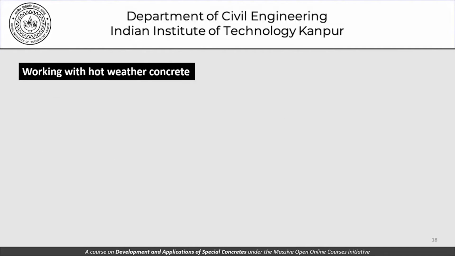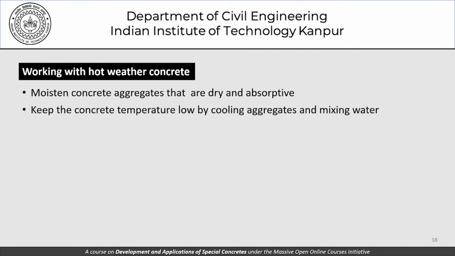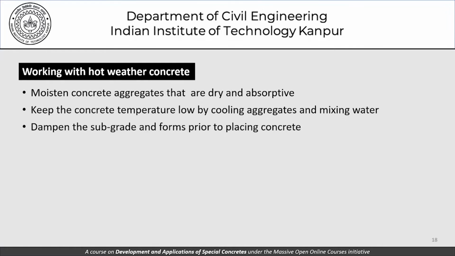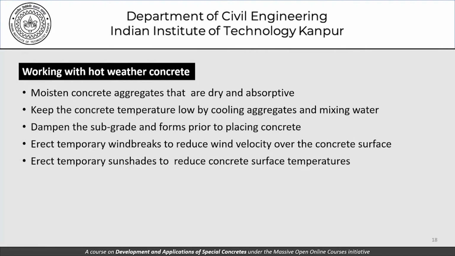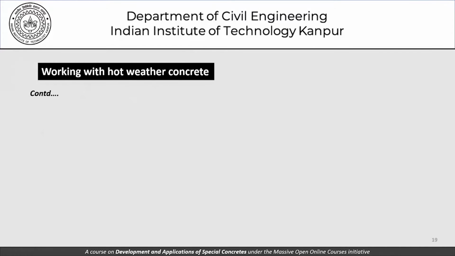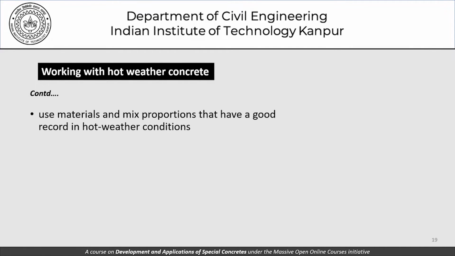Now, when it comes to working with hot weather concrete, what we need to do is moisten concrete aggregates that are dry and absorptive, keep the concrete temperatures low by cooling the aggregate or mixing water or both, dampen the subgrade and forms prior to placing, erect temporary windbreaks to reduce the wind speeds over the concrete surface, erect temporary sunshades to reduce the concrete surface temperatures, and use materials and mixed proportions that have a good record in hot weather conditions.